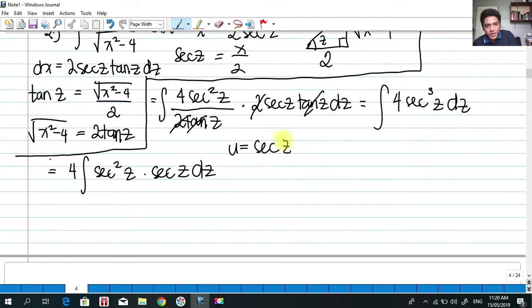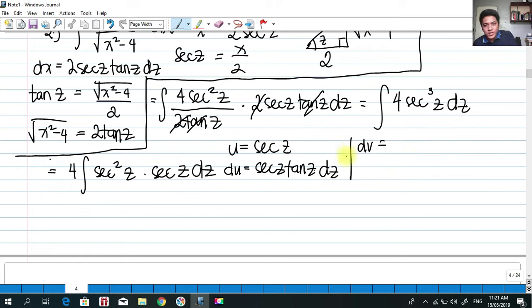Okay, so it doesn't matter because it's the same. So getting du here, the derivative of this is secant z tangent z dz, and of course our dv would now be the remaining, which is actually secant squared z dz. So in u we use only secant z because this is already readily integrable.